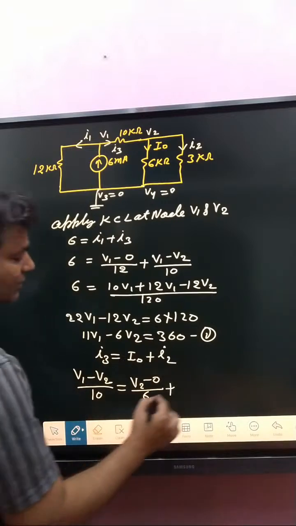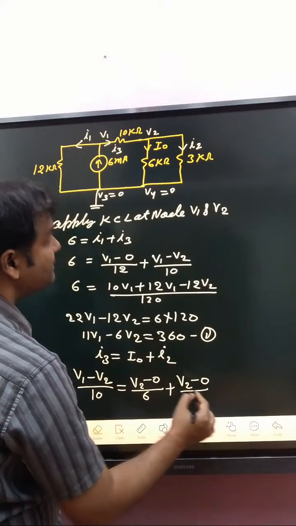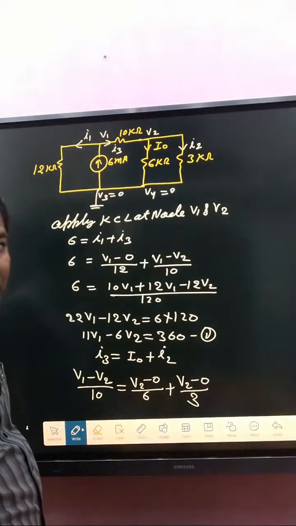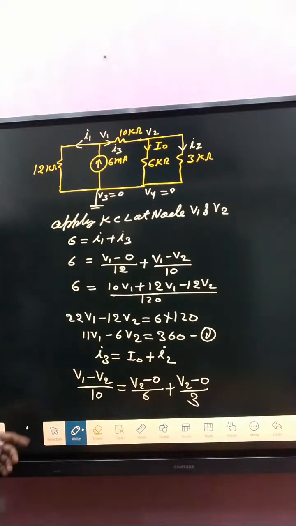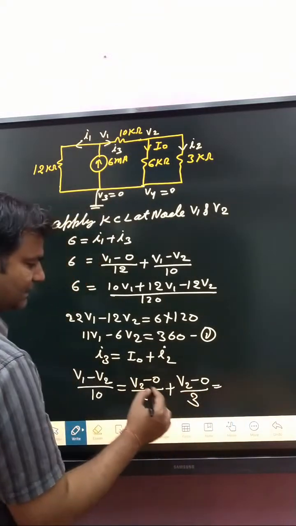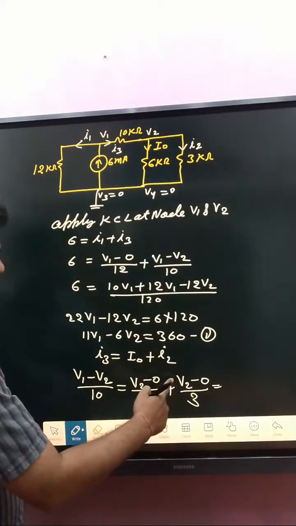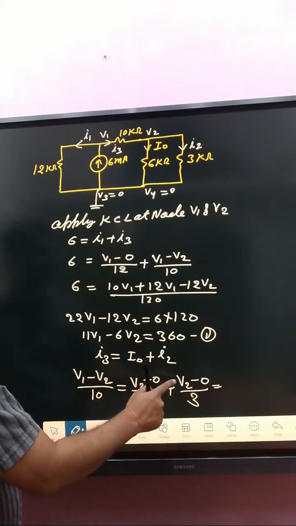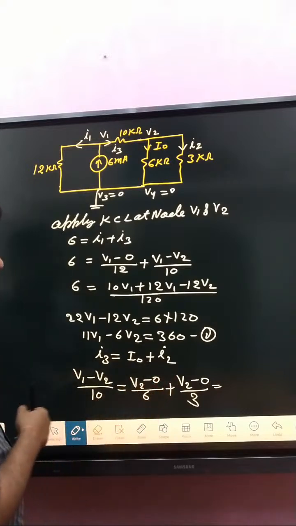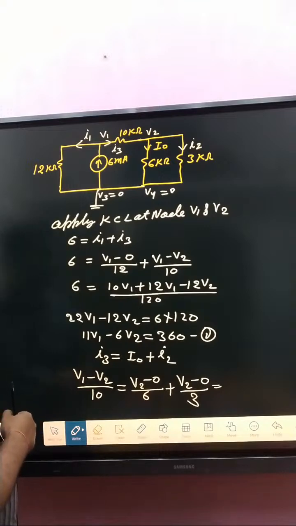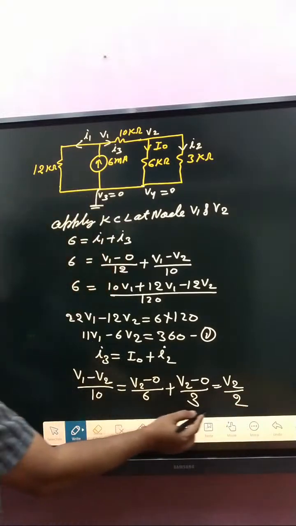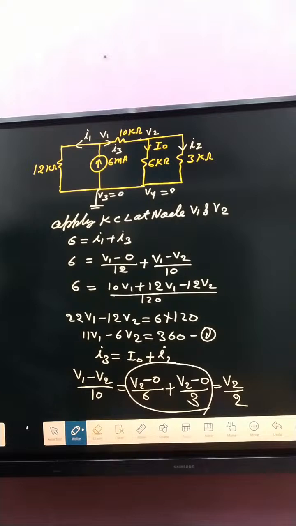I2 is V2 minus 0 divided by 3 kilo ohm. Clear or not? Now if you take the LCM, we get V2 plus 2 times V2, that is 3 times V2 divided by 6, which is V2 by 2. Solving these two, we get V2 by 2.